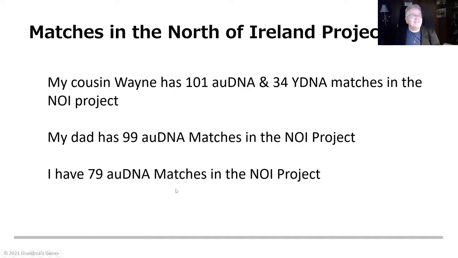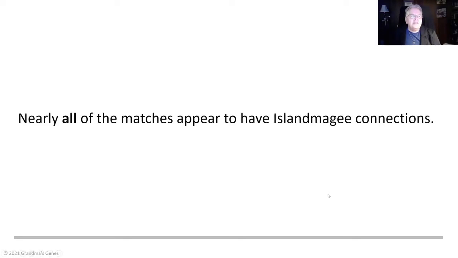My dad has 99, and I have 79 autosomal DNA matches to the North of Ireland Project. But more importantly, Ann Johnston and the people in the North of Ireland Project identified something else for me, which is really the biggest reason to join a DNA Group project: the people that lead these projects have a wealth of knowledge to share.